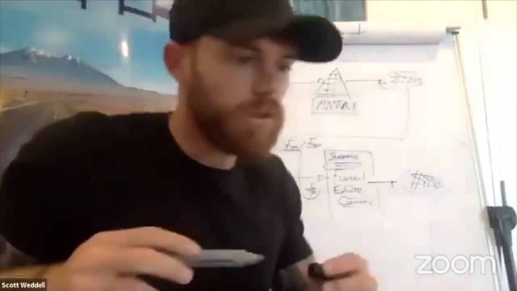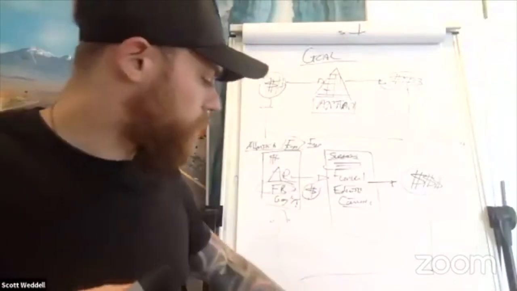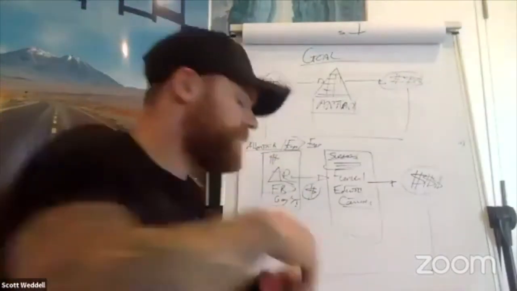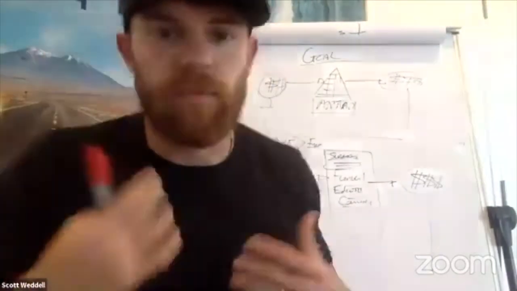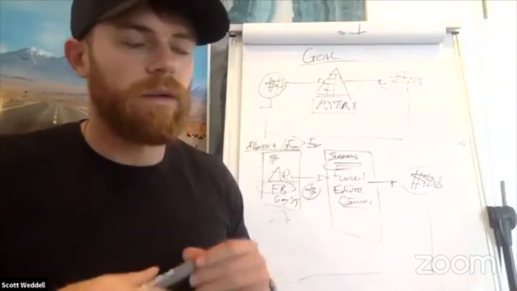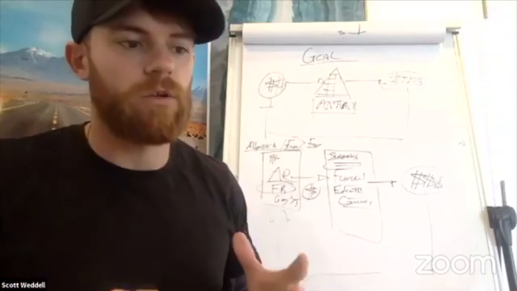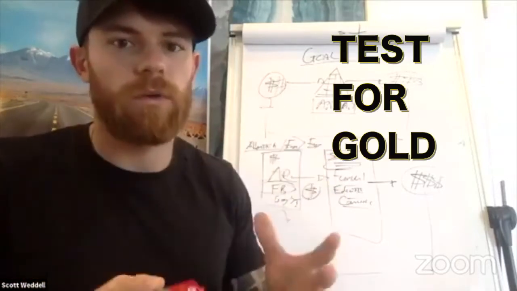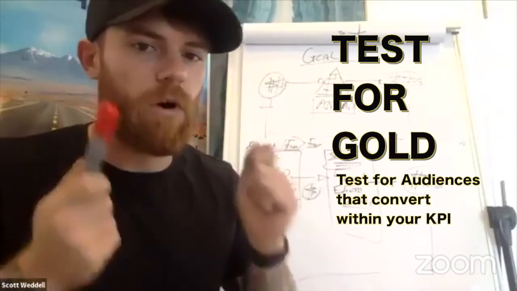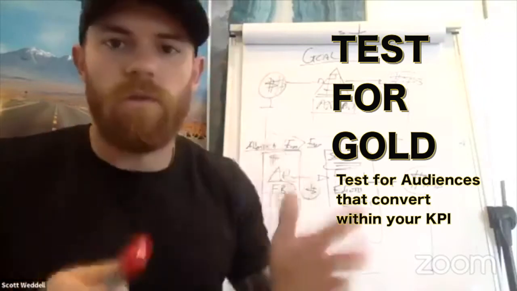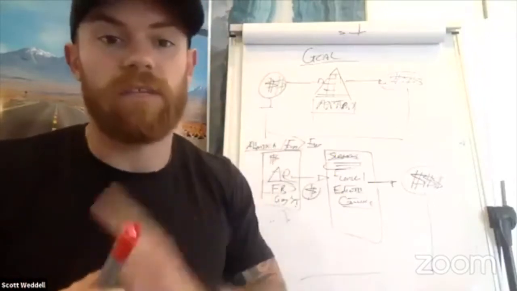So the question that everyone has when they get to this point is about one of the concepts and rules we've got: we've got to test for gold. What I mean by that is you test for audiences that convert within your KPI, key performance indicator.